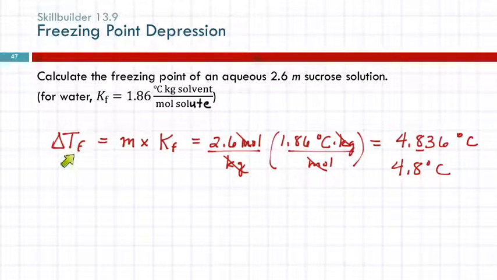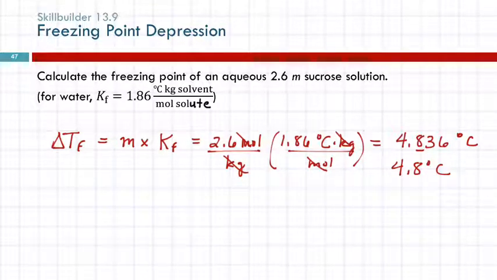Okay, we calculated delta TF. This is an aqueous solution. What temperature does water freeze at? 0 degrees Celsius. The freezing point change, the freezing point depression, is 4.8. So that means the actual freezing point is negative 4.8.